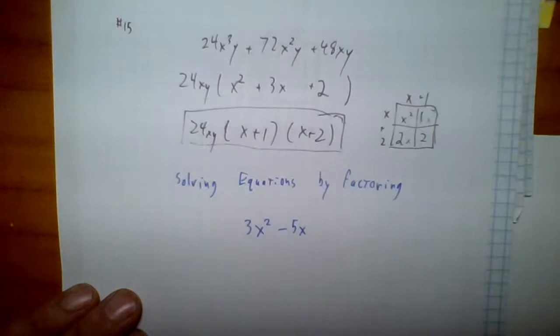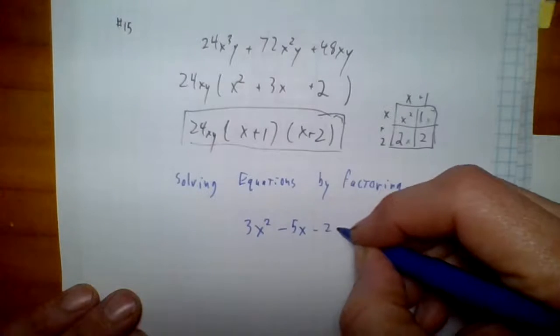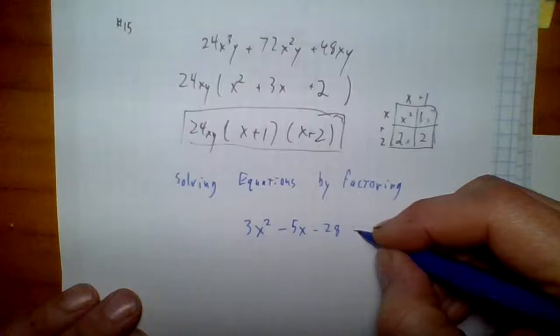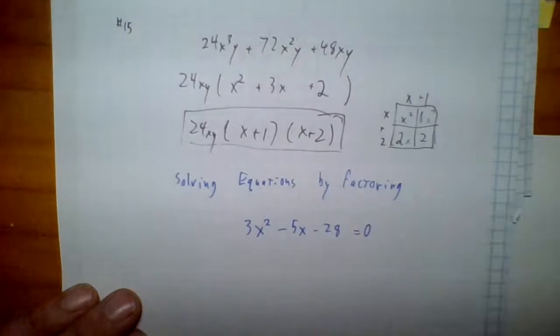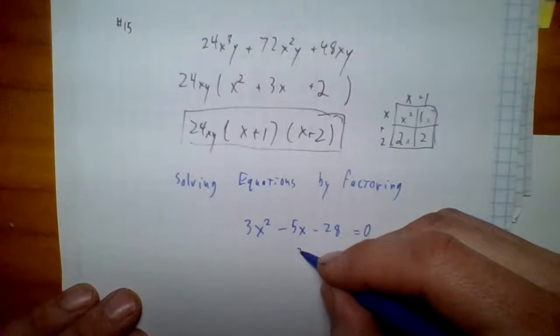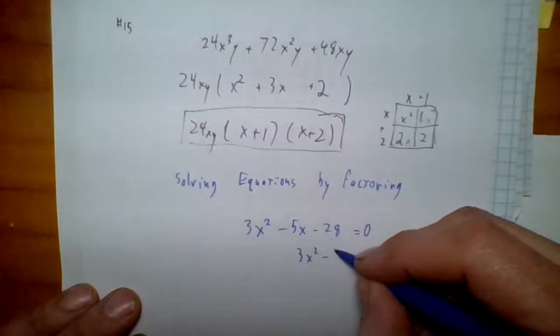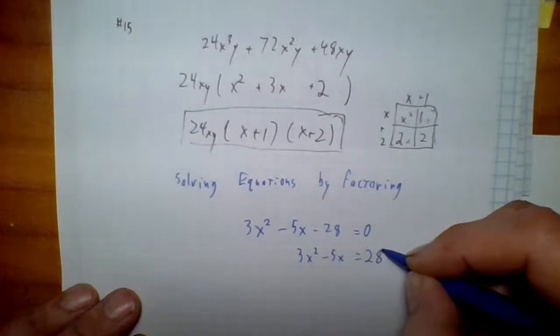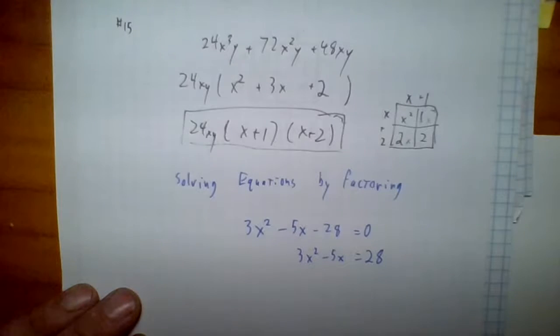I have a polynomial thing like that, and I want to see where that's equal to 0, or 3x squared minus 5x is equal to 28. That's another form of the same equation. I just moved the 28 around. Those both mean the same thing. And it's not obvious from looking at that what value of x would work, right?